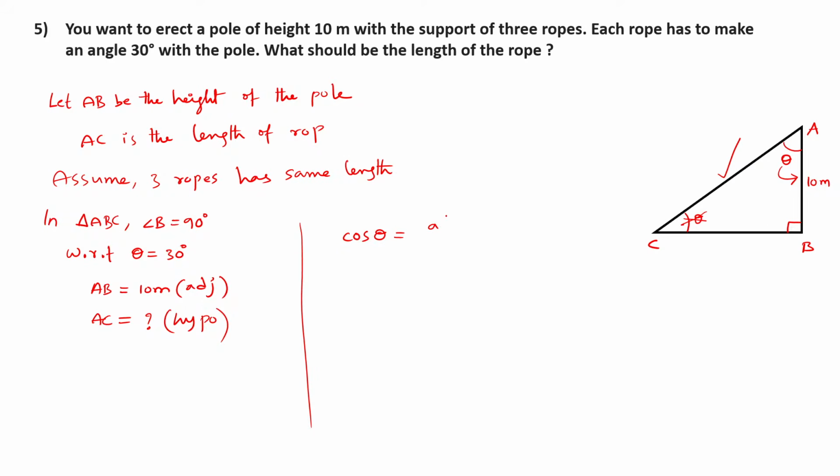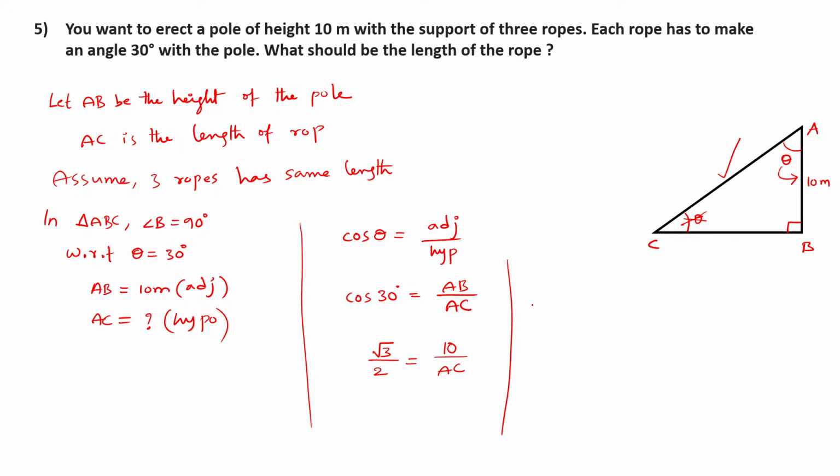Cos theta formula is adjacent side by hypotenuse. Substituting the values, cos 30 degrees is equal to adjacent side AB by hypotenuse AC. Cos 30 value, if you can remember, is root 3 by 2. AC we don't know, so we write AC as it is. AB value is 10.